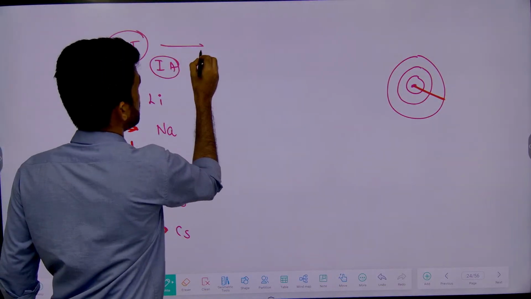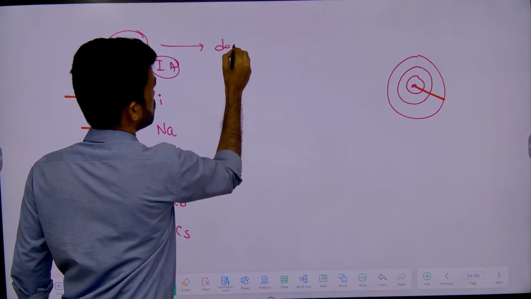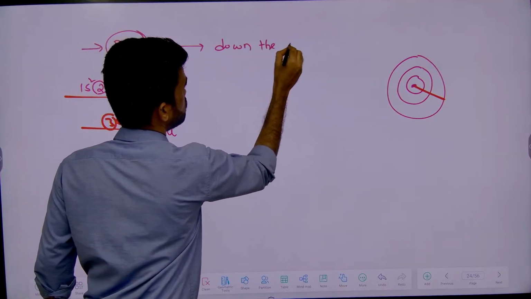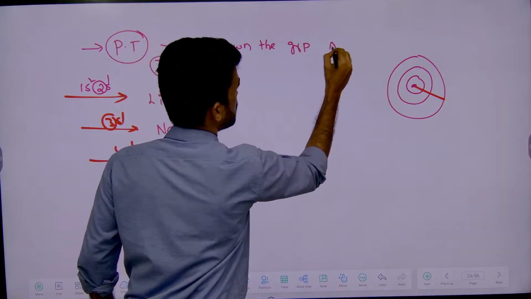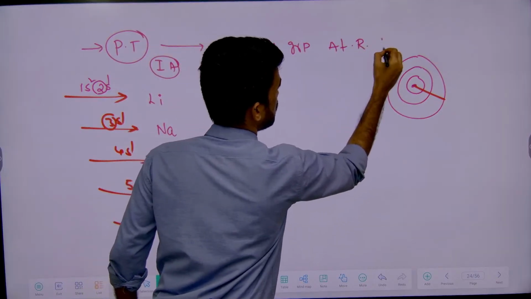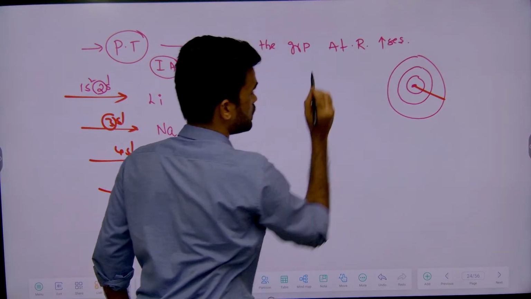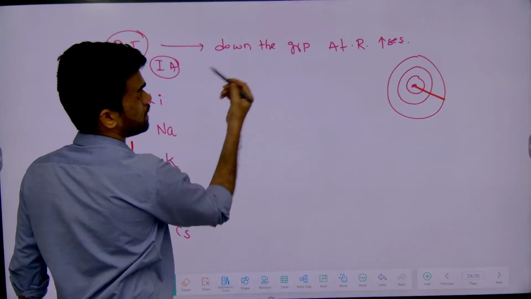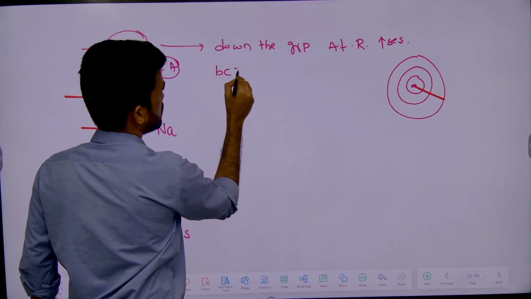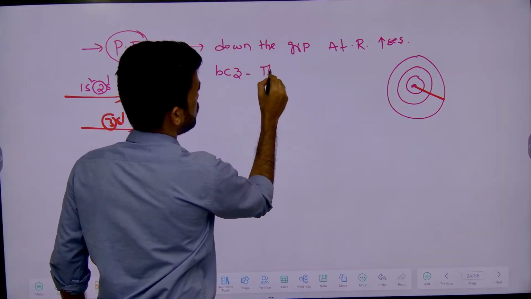So you can say down the group atomic radius increases. Why does it increase? Because of the newly added electron.